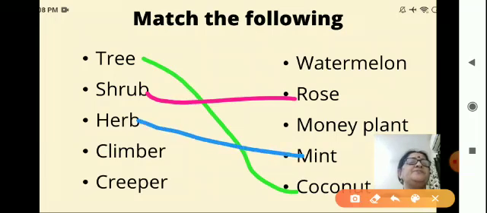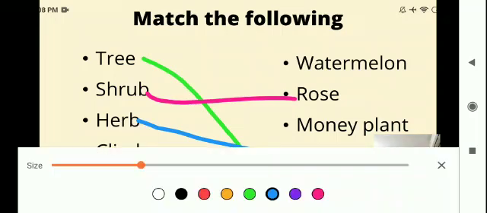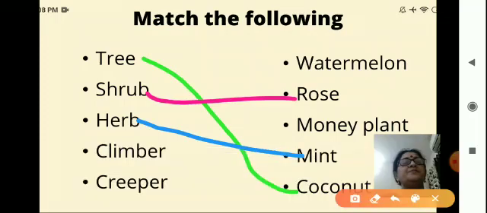Okay. Now the fourth one is climber. They need support to grow straight. So watermelon, money plant. Which one is climber here? Yes, it is money plant. The last one is creeper.